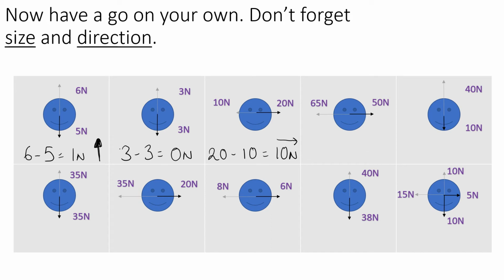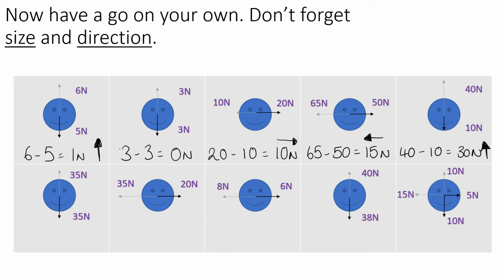This next one, we've got 50 newtons right, 65 newtons left. 65 minus 50 gives us 15 newtons left. Okay, I'll colour in that one too. Next one, you've got 40 up and 10 down. So 40 minus 10 gives us 30 newtons, and we're going to be going upwards.